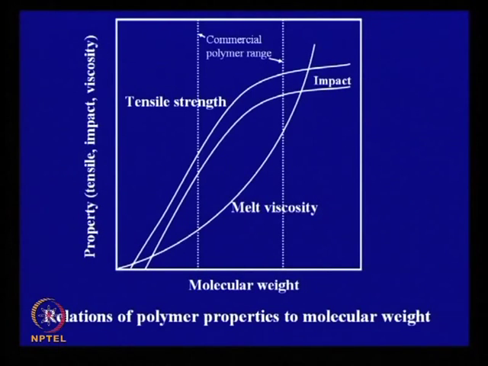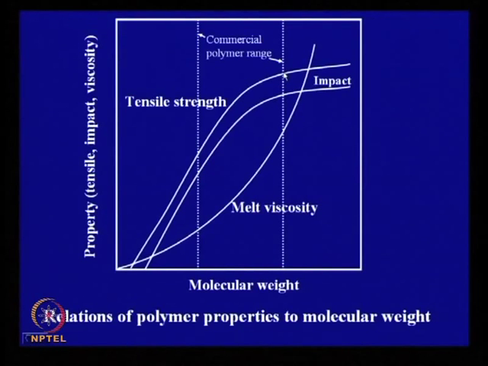In other way, look at relations of polymer properties to molecular weight. You see here, you think of impact properties, think of melt viscosity. Melt viscosity increases in this fashion with molecular weight, whereas tensile strength increases in this fashion.